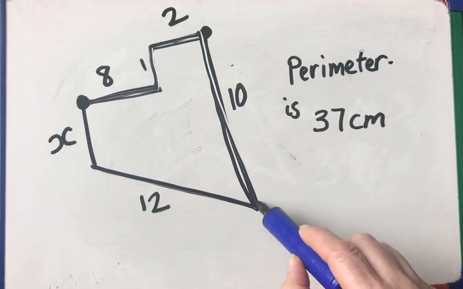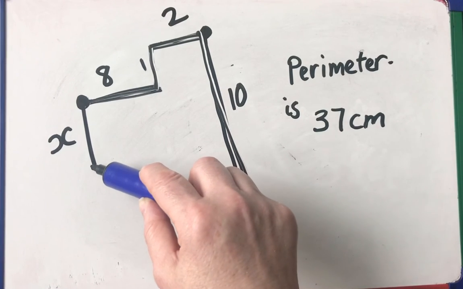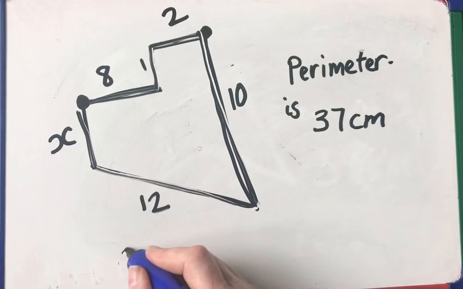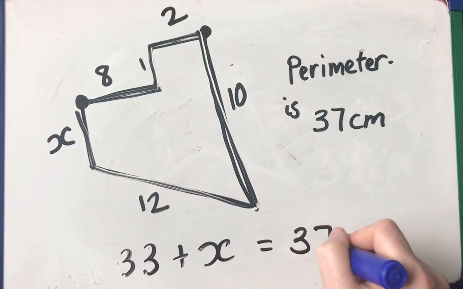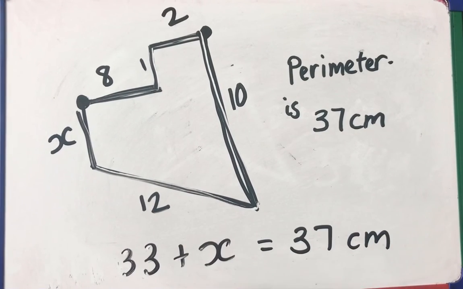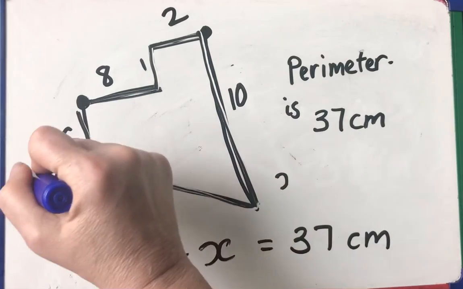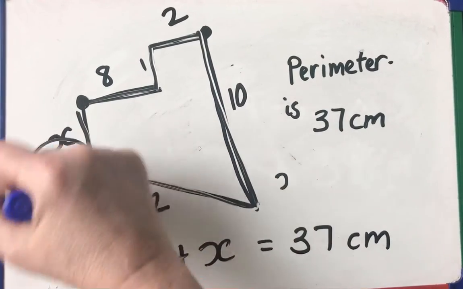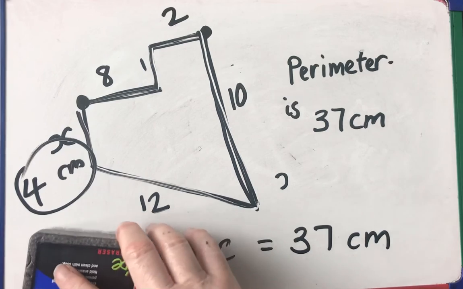Plus 12 is 21. 21 plus 12 is 33 plus x. So I'll have 33 plus x equals 37 centimetres. If you don't know what the answer is, have a look at the video on solving one-step equations. The answer must be 4. So x is 4 centimetres. So for the perimeter, you are simply adding up all the sides and then that's it.